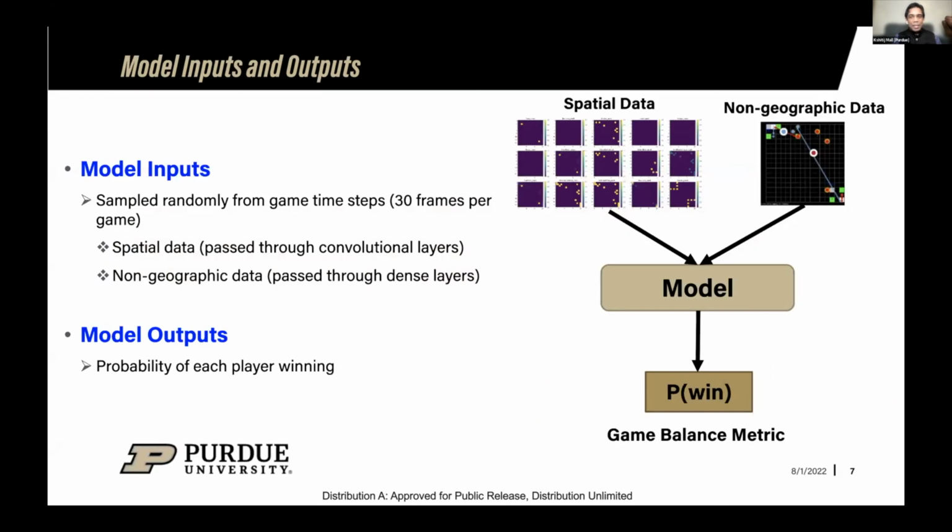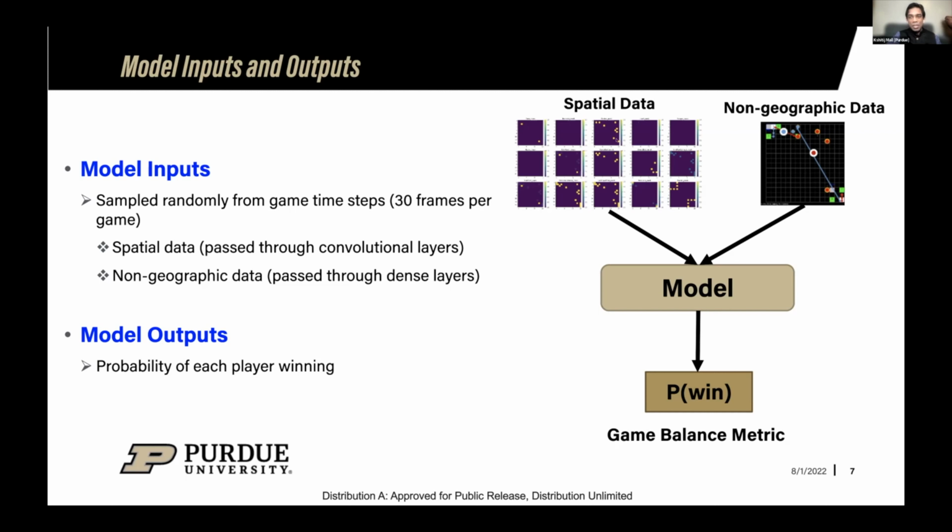And here is something about our model. The inputs are generated using the tournament layer. We had those 25,000 games, and for each of the games, we captured 30 game frames because otherwise there are just tons of them. We had to reduce the size so that it's computationally feasible to train this model. And then we had 2 different types of data coming in.